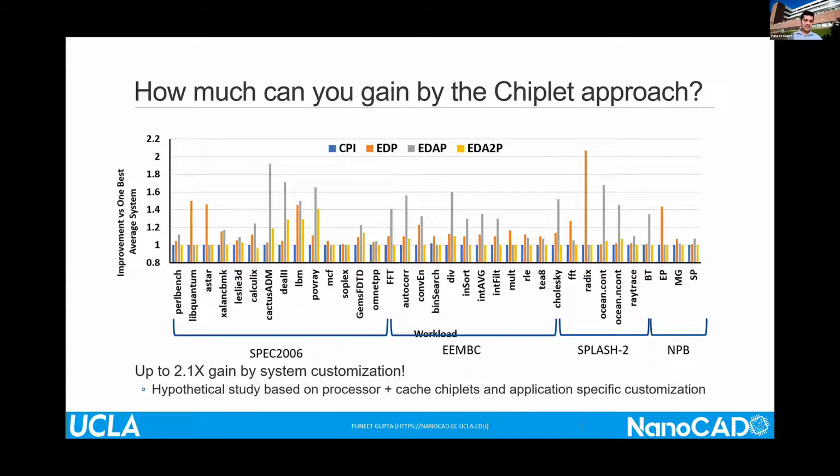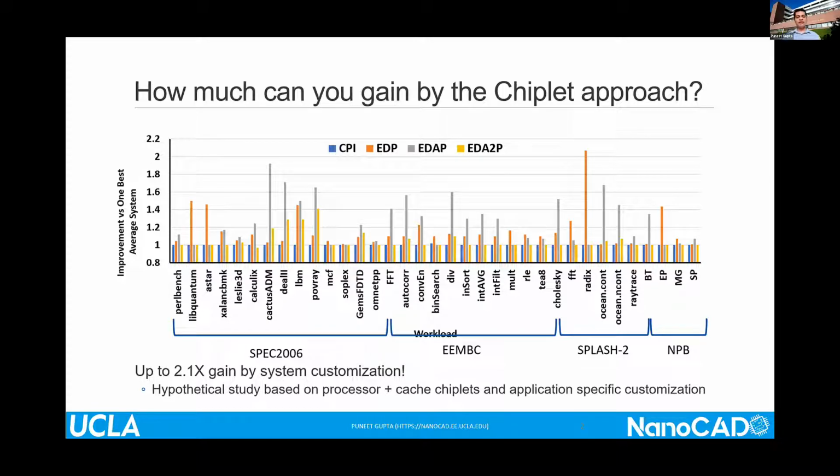So these are just three classes of workloads. SPEC is the conventional desktop workstation style workload. EMBC is a more embedded style workload. Splash NPB is, for lack of a better word, server class workloads. And typically you would imagine that each of these segments would be served by multiple, completely different product lines.